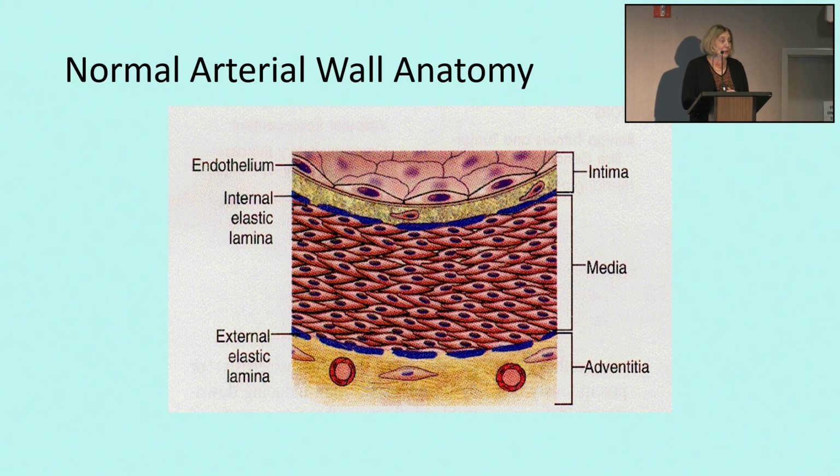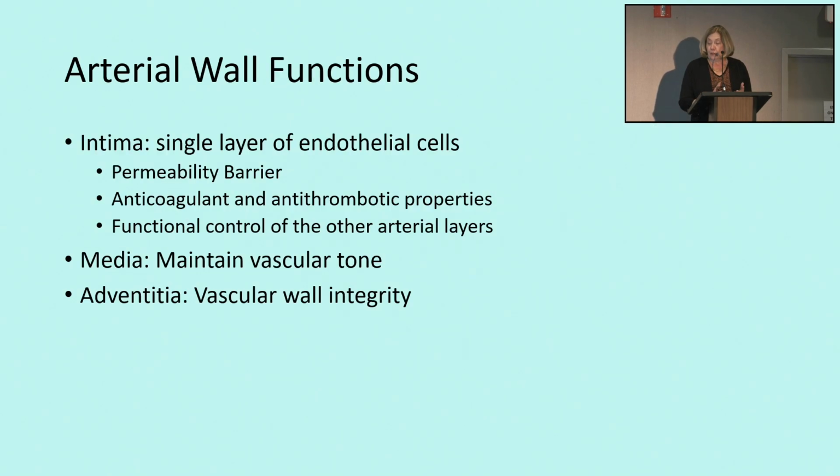But as most of you know, we have an endothelium, we have a media, and we have an adventitia, all three layers constructed a little differently with some elastic membranes in between. But this is where we really look to for everything that we do in the arterial world, whether it's atherosclerosis, whether it's other kinds of arteritis, or any other thing that we look at.